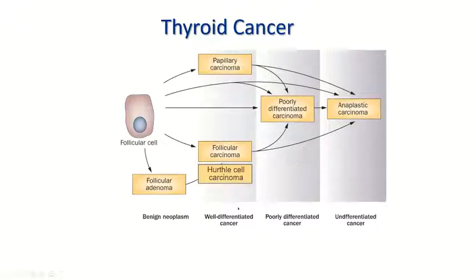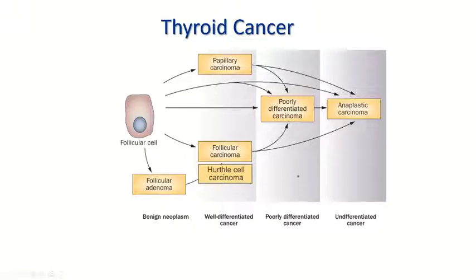For well-differentiated cancer, the most common type is papillary carcinoma, followed by follicular carcinoma, and Hürthle cell carcinoma in the current WHO classification is considered a separate subtype, not a variant of follicular carcinoma, for a good reason, because the molecular genetics of this tumor is very different. Then tumors can de-differentiate and give rise to poorly differentiated carcinoma and to completely undifferentiated anaplastic carcinoma.